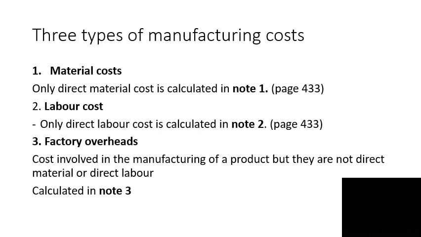Remember, we have the admin, the selling and distribution, and the factory. You might notice that rent, we must pay rent for the factory, we must pay rent for selling and distribution, we must pay rent for administration.